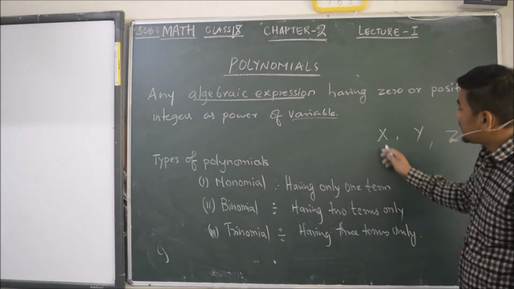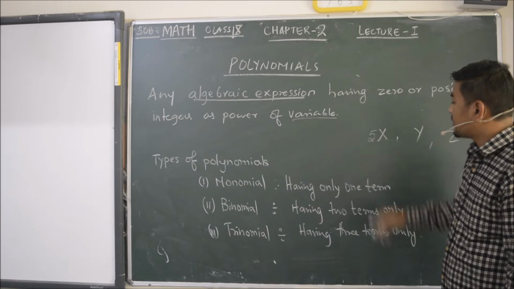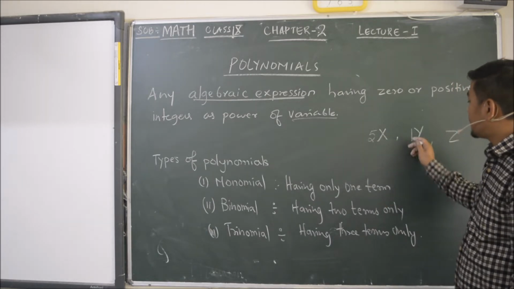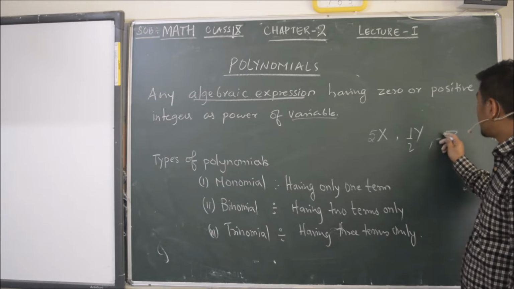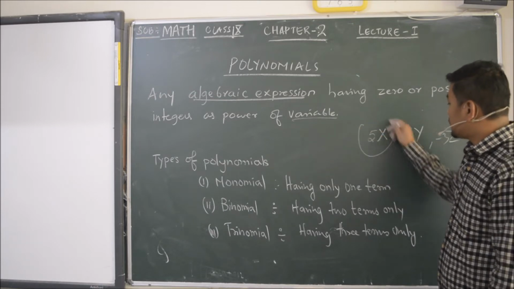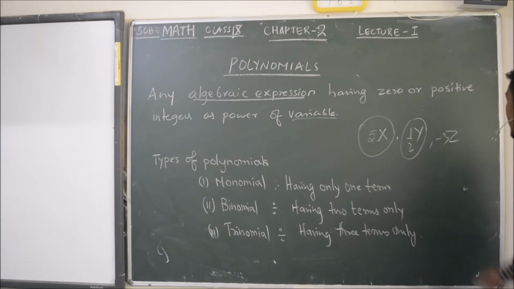Along with the variable, you may get some number before that x, that is 5. You may get 1 by 2, or you may get minus 3. So this is an algebraic expression, this is also an algebraic expression, and this is also an algebraic expression.